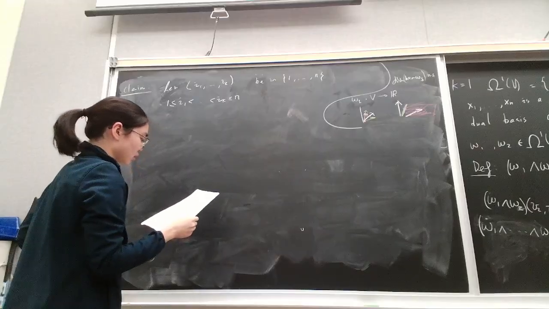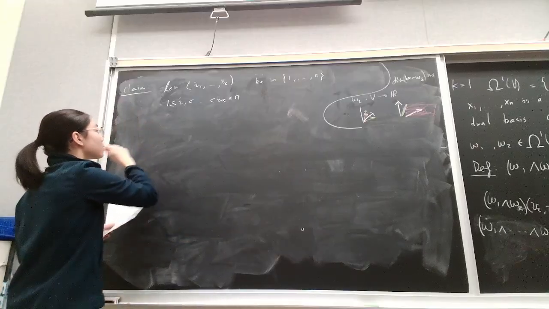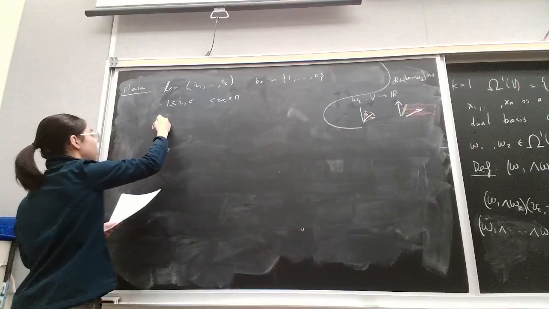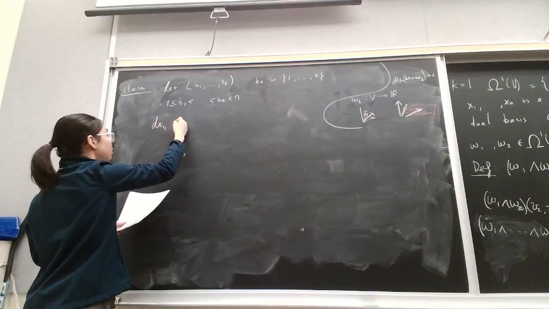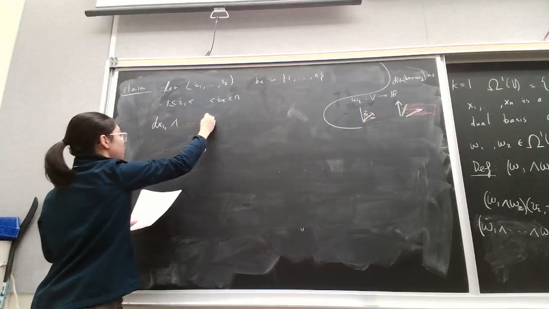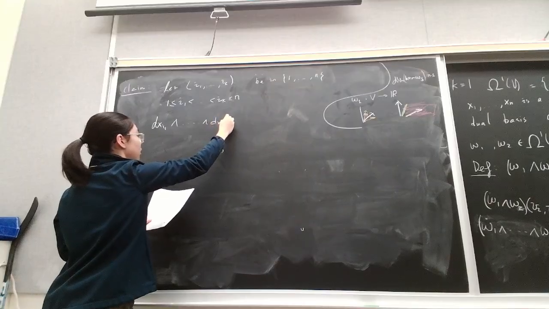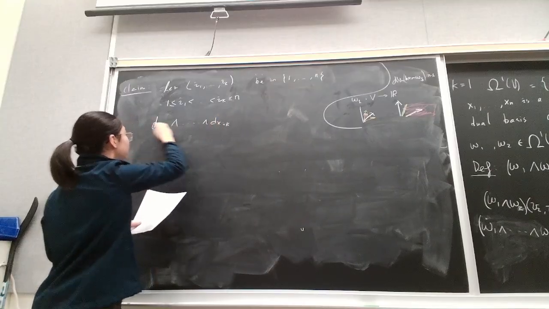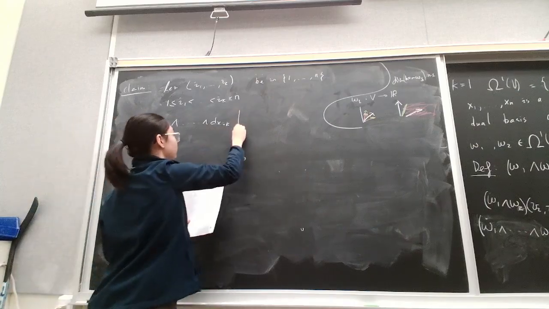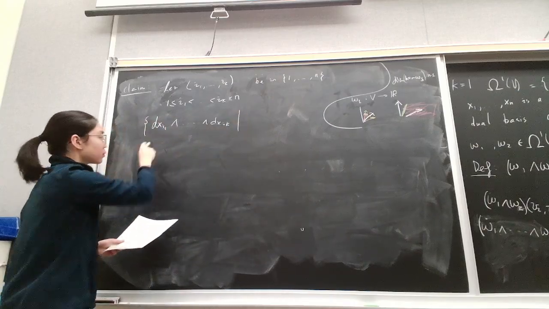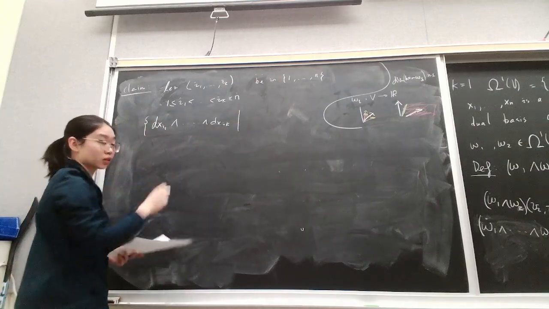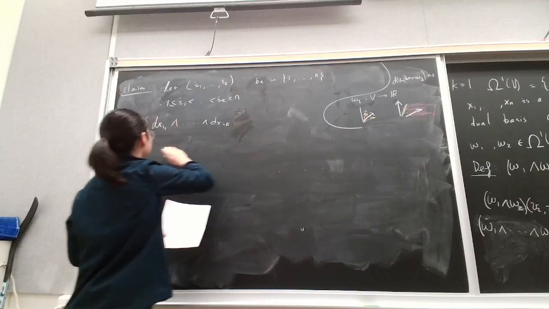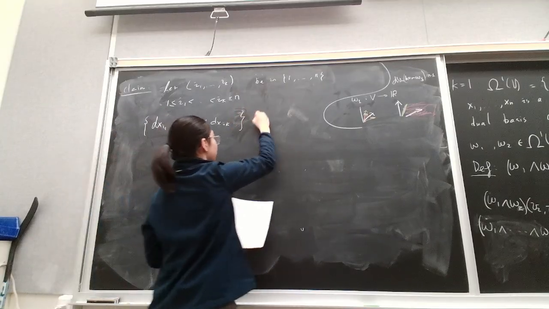And then dxi1 wedge up to dxik. So the set of all k-forms like this forms a basis.